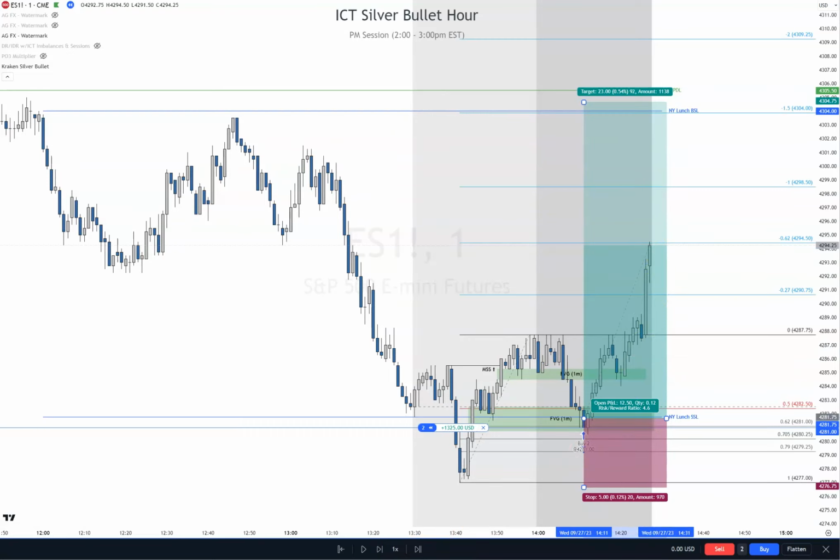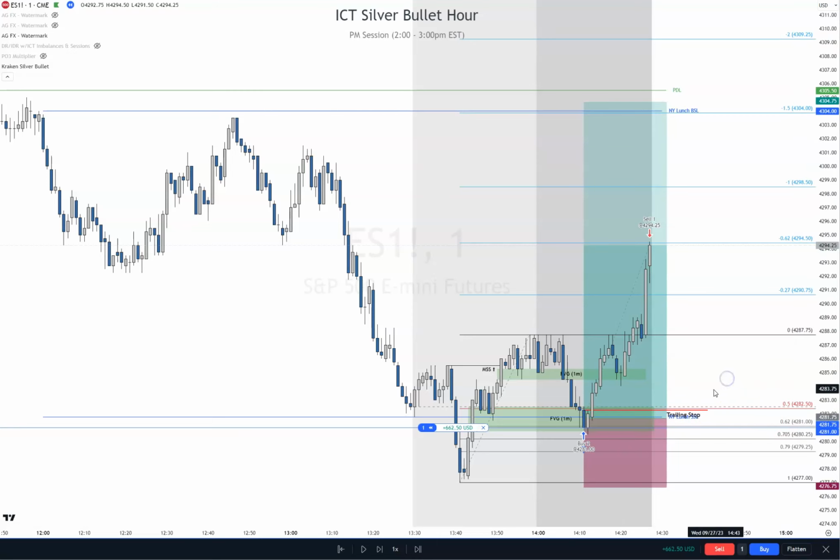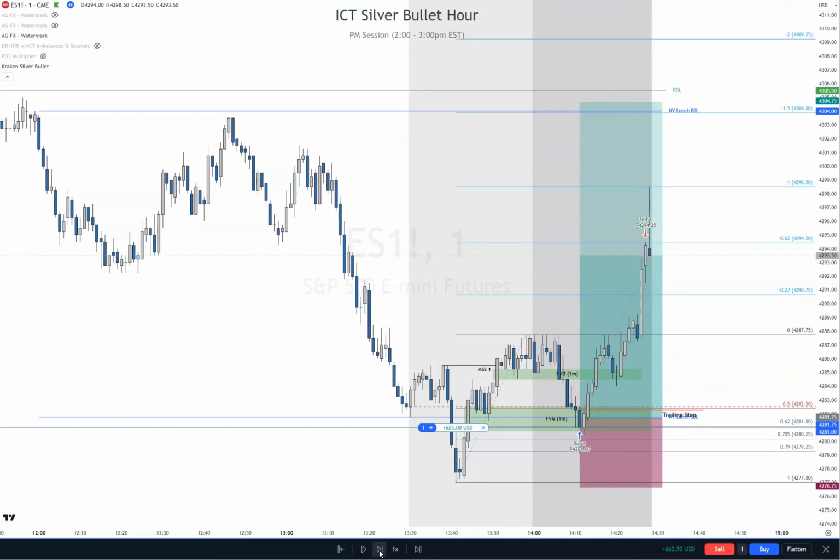That would have taken me out, so I'll take one off there. Sell one there. I'll move my stop to break even plus 1 tick, so it'd be right here. That'll be my trailing stop. It's hard to see, just 1 tick above break even. If we get up higher like that, I'm going to move my trailing stop up at least to here.